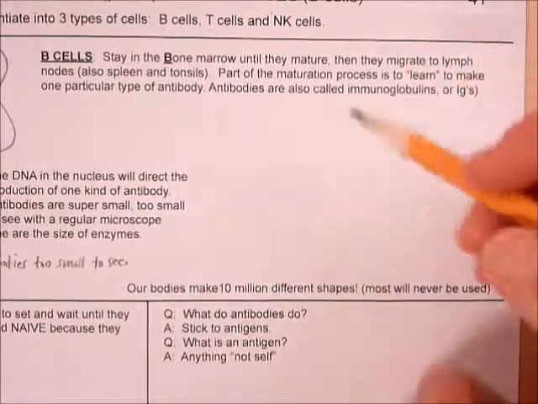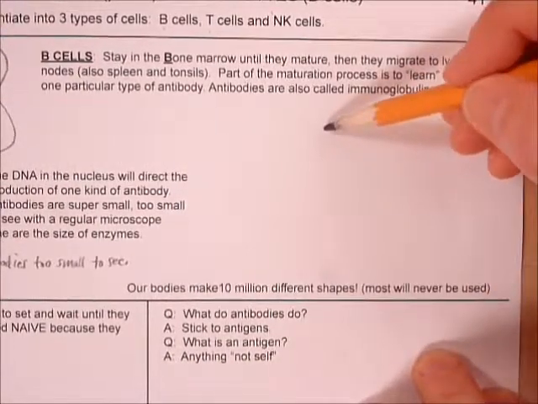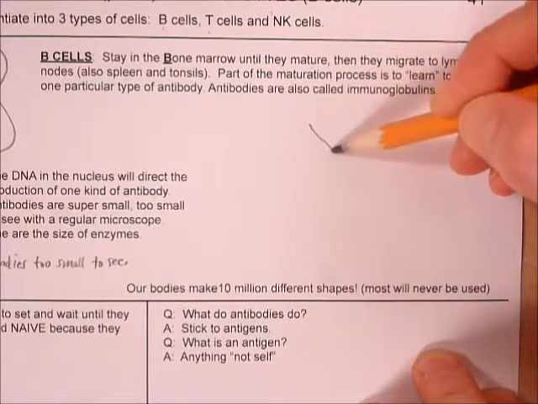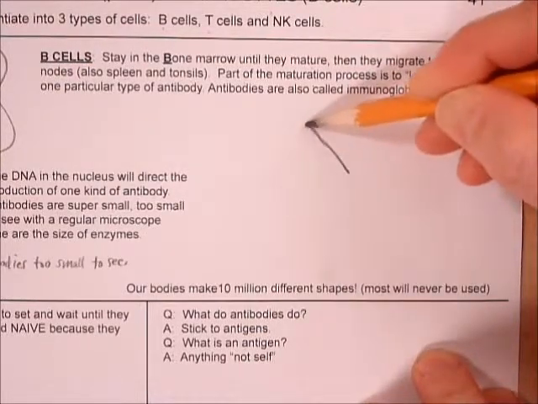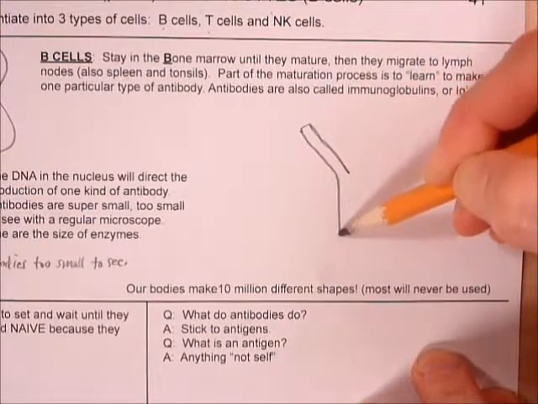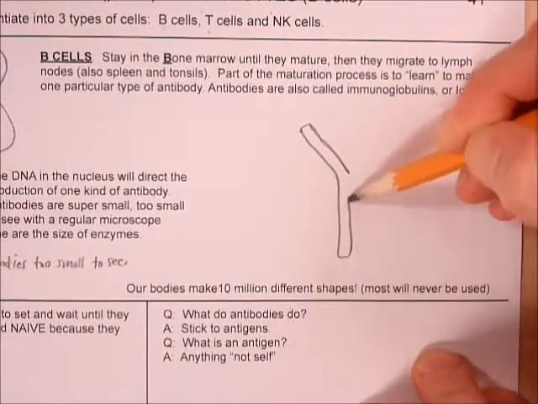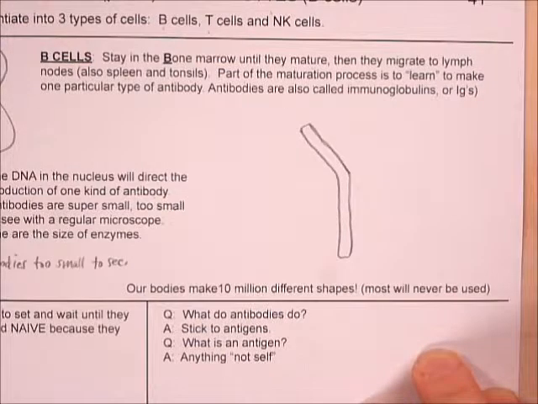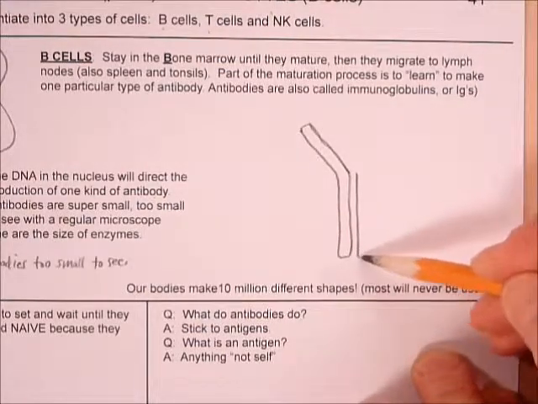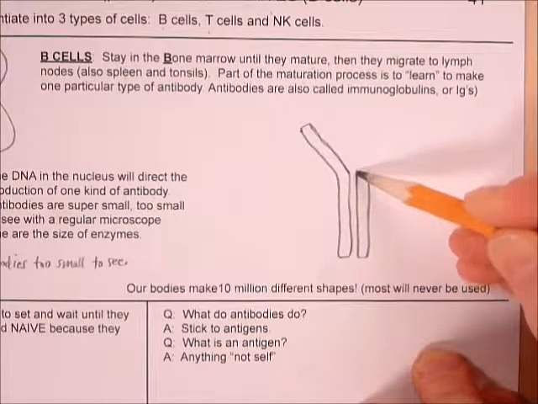Okay, so we're going to draw an antibody, and you're going to keep it in the center here. Something like this. I'm going to draw it in two halves, like that. And then the other half of the Y like this.